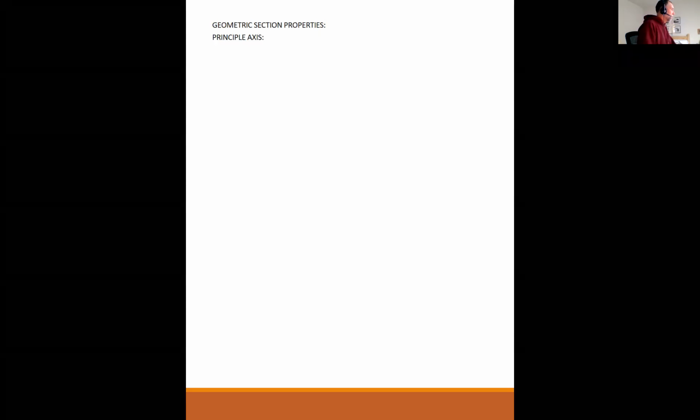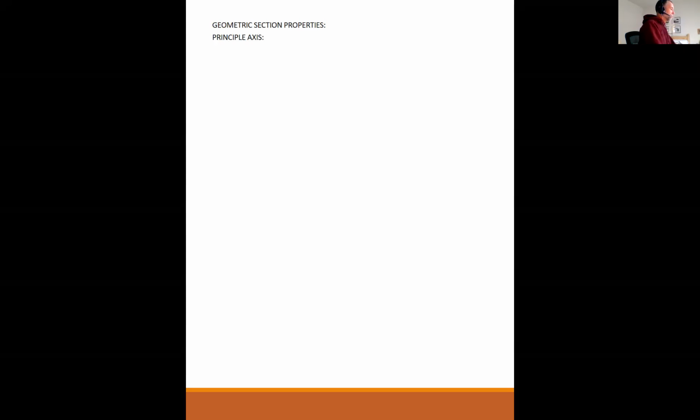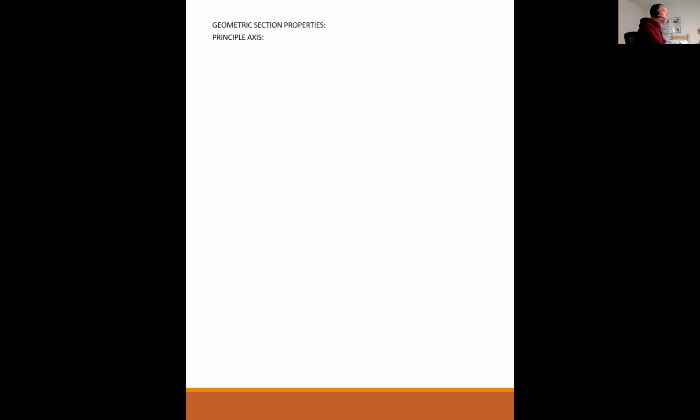Okay, so while we're waiting for a few stragglers here, the plan for tonight is we still had a little bit of conversation about section properties from the lecture before the midterm. So I want to finish that out first, complete that whole thought about geometric section properties. I don't think that's going to take more than 10, 15 minutes or so.